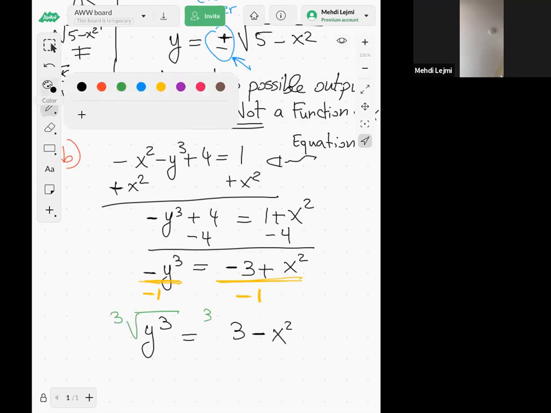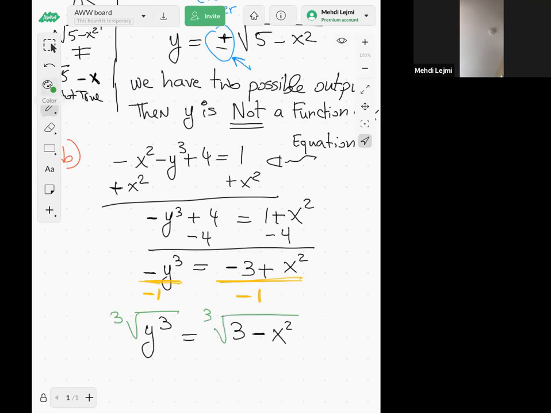So then you apply the third root to both sides. Then your y, and here, because the power is odd, there's no plus or minus. 3 is odd. It's an odd power, so there is no plus or minus.